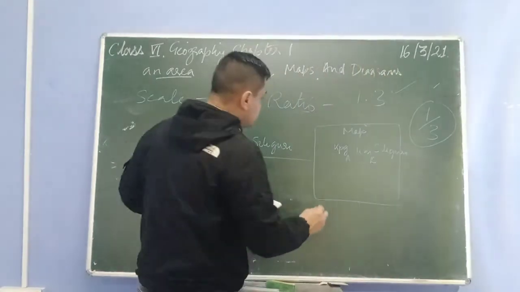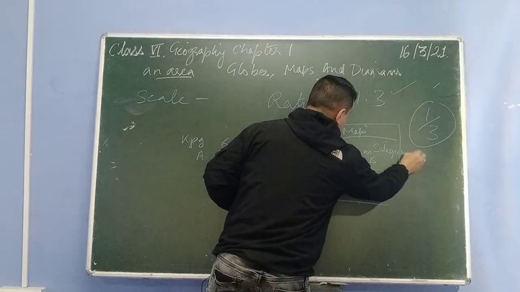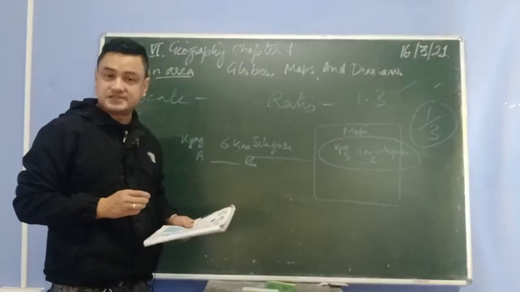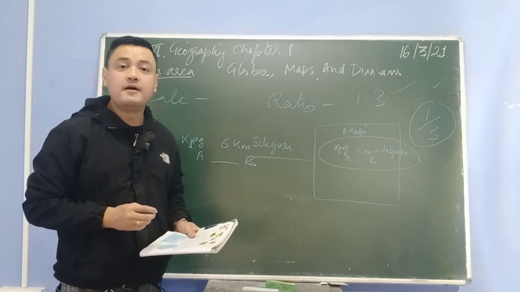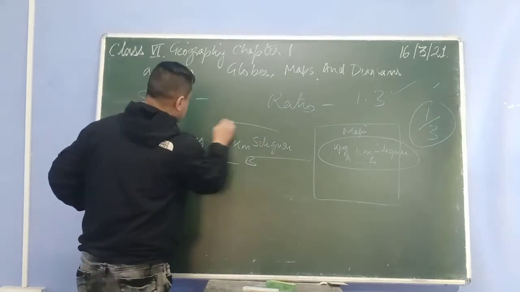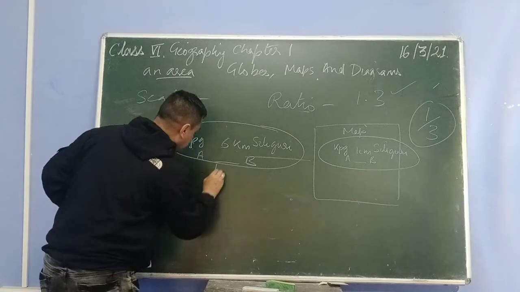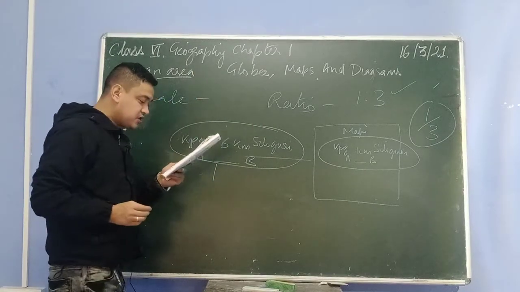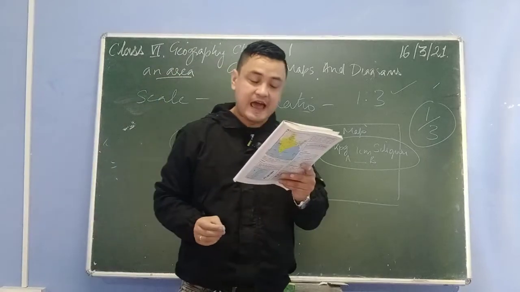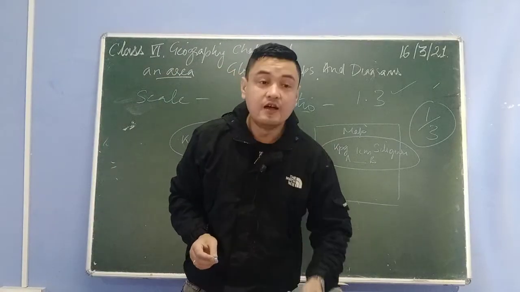This is known as the map distance, because it is found in the map. The original distance is known as the ground distance. So, a scale indicates the ratio of the distance between 2 points on the map and the actual distance between the same 2 points on the ground.